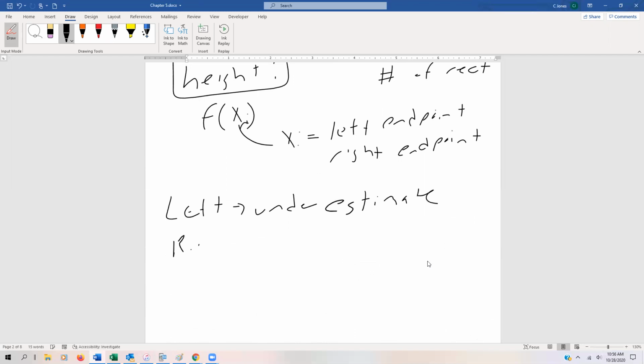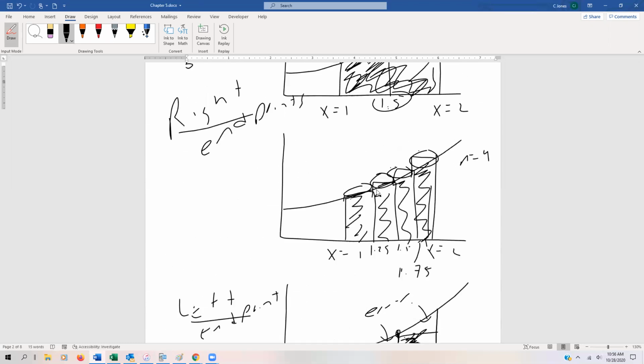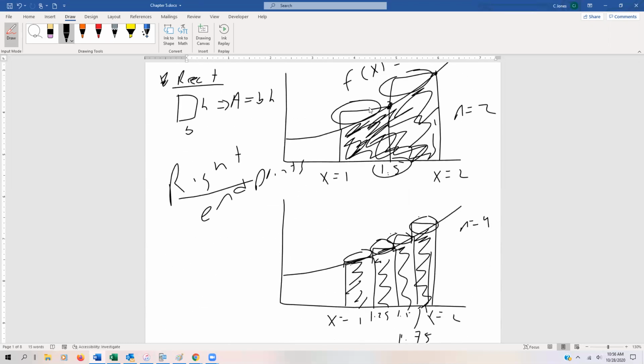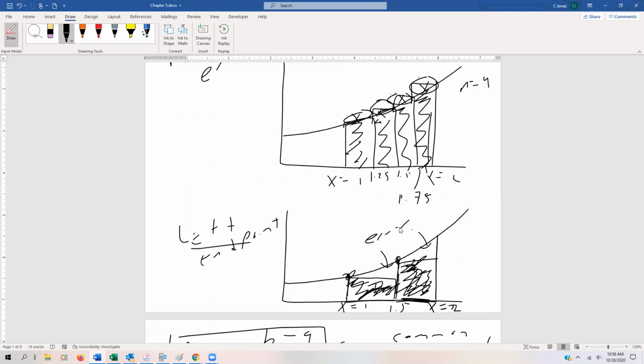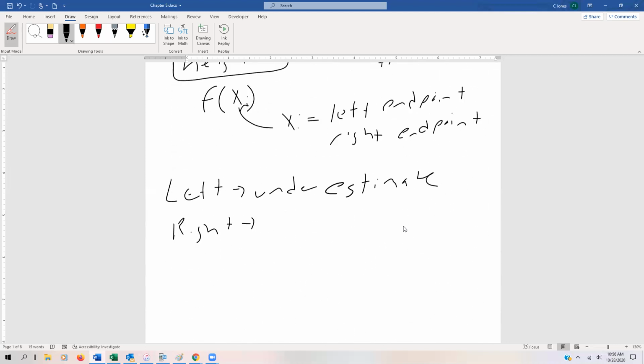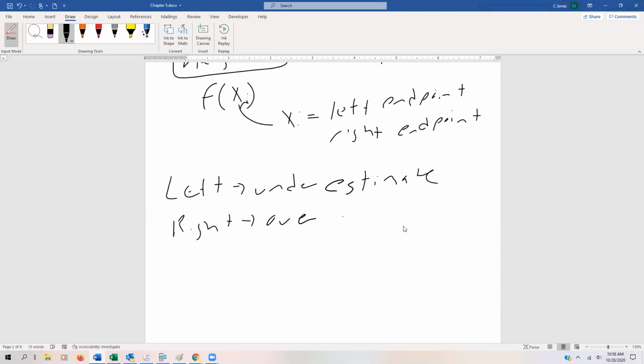And a right endpoint, as you can see from the diagram above, notice that there's some area above. So right here, this is an overestimate, and right here, this is an overestimate. And similarly, right here, these are all overestimates. And so usually with a right endpoint, we are going to get an overestimate.